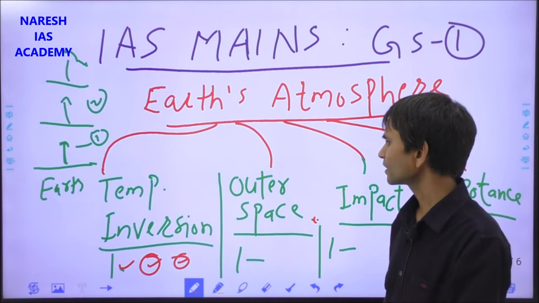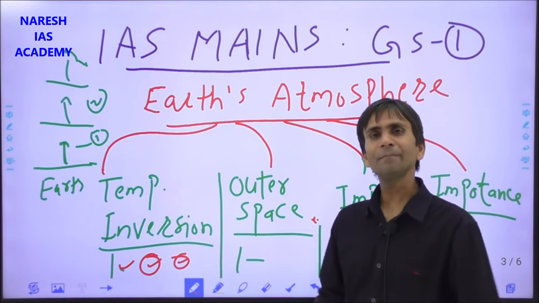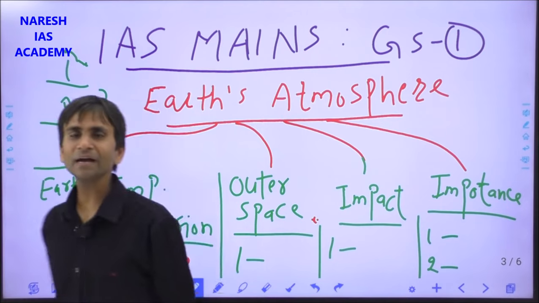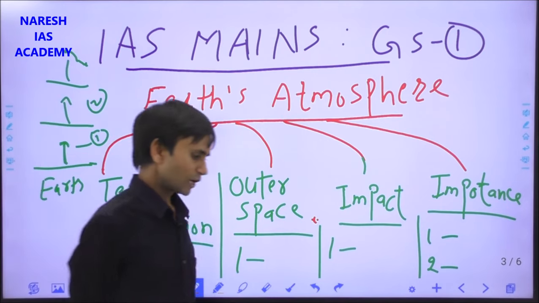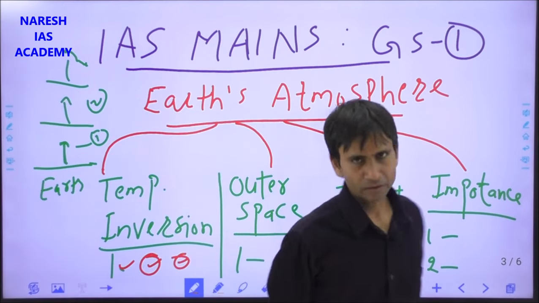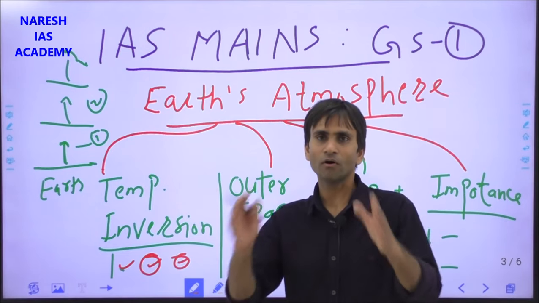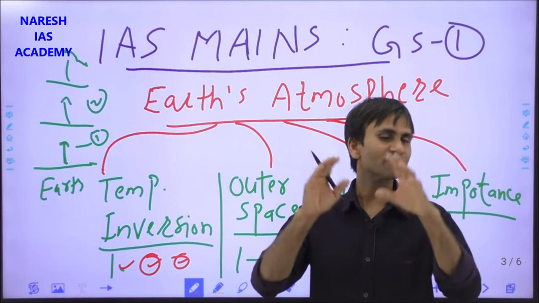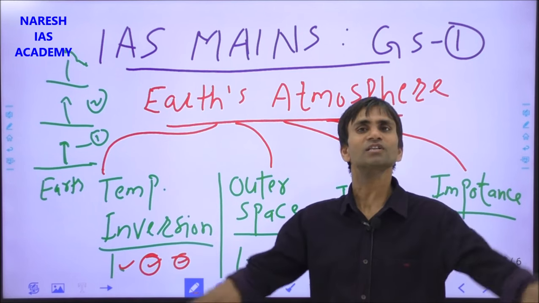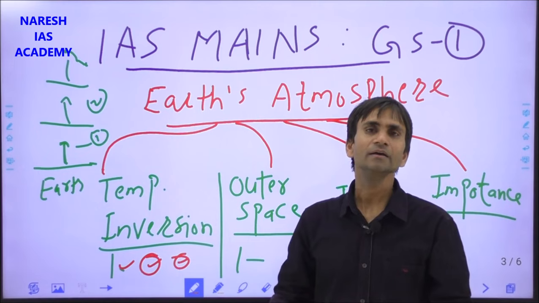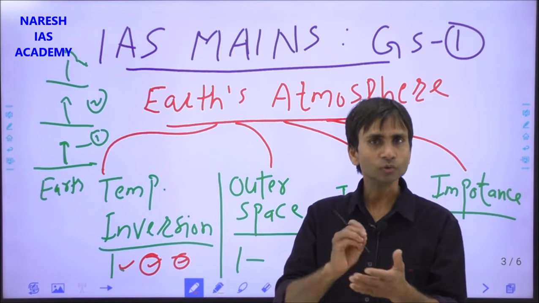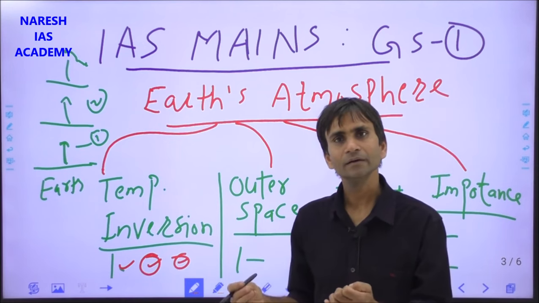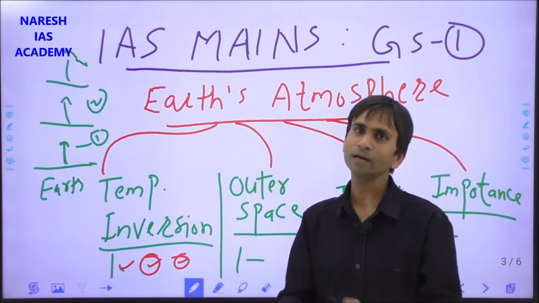Third, temperature inversion also impacts human life by creating smog and fog, which reduce visibility, and further it affects the transportation system across the country, and due to this most accident cases are recorded, and it definitely affects human life.